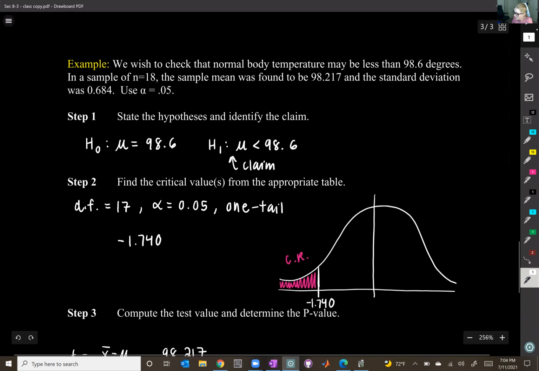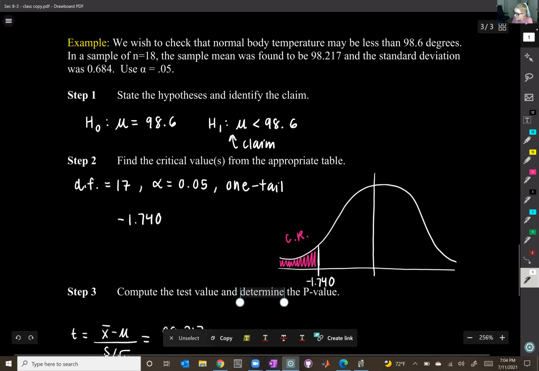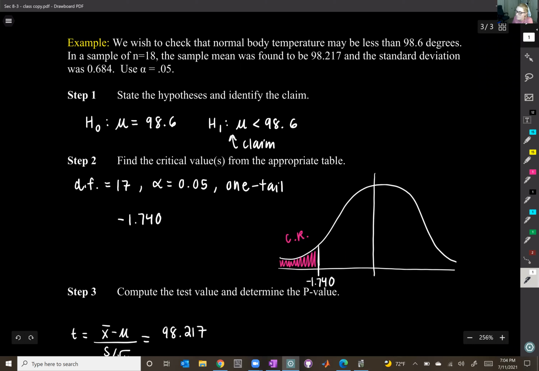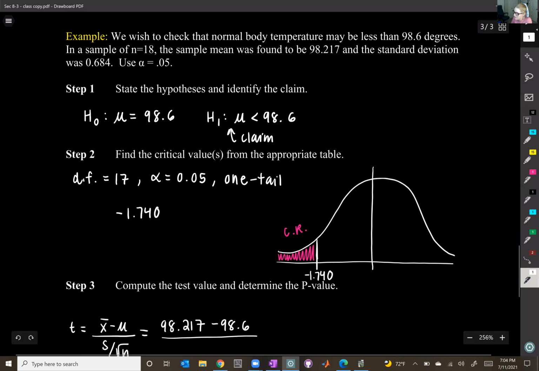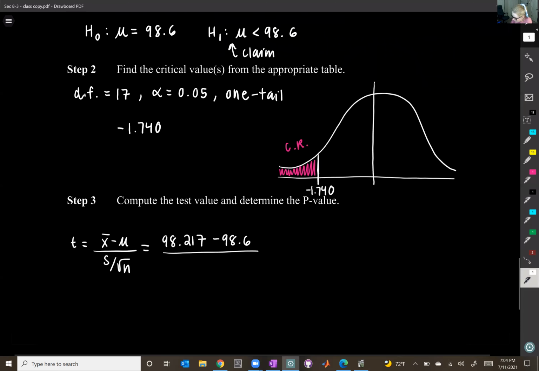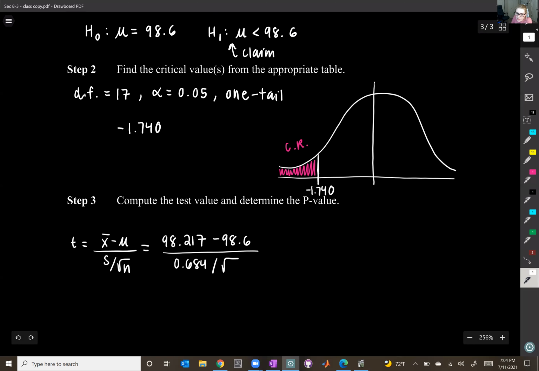If you read the problem, it says the sample mean was found to be 98.217, so that's where that came from. And then I subtract from it 98.6 because that is what I'm assuming the population mean is less than. My standard deviation is 0.684. And then I divide by the square root of n, and n is 18. If you plug this into a calculator, you get negative 2.376.